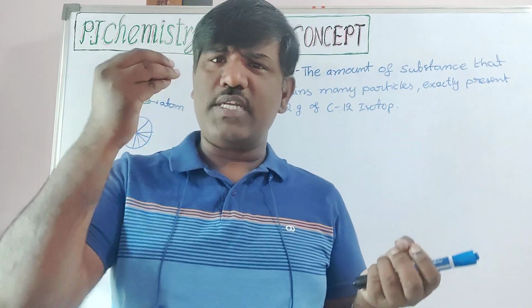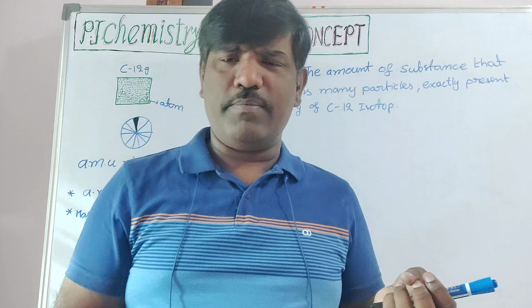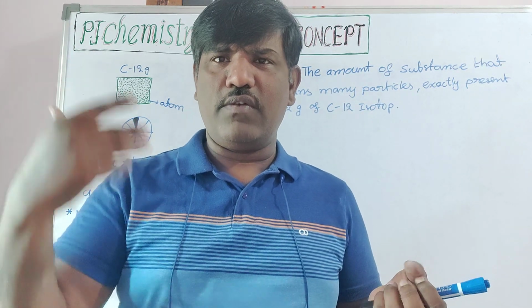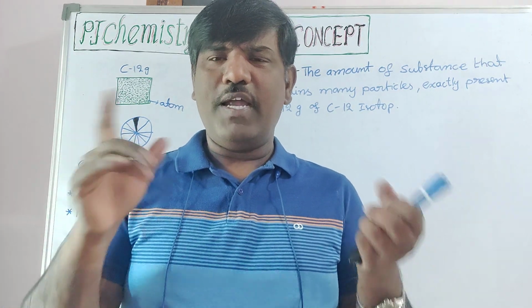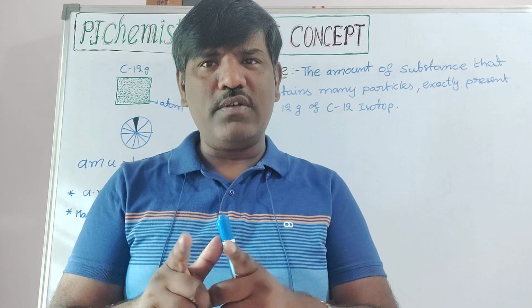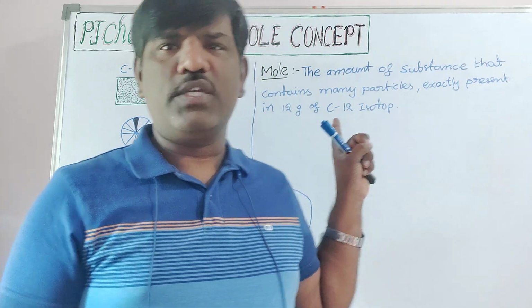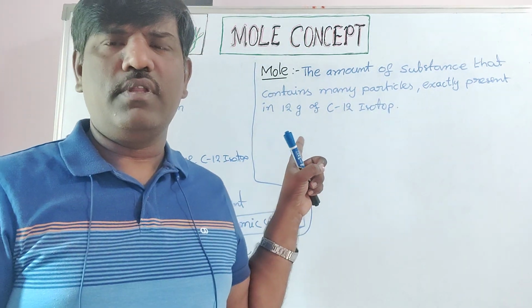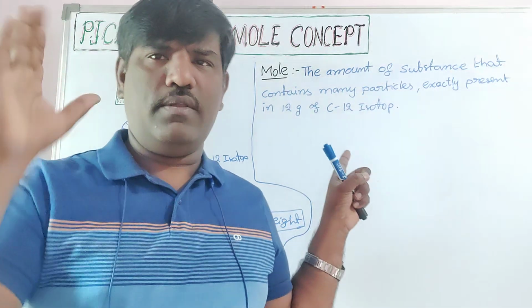Here, the amount of substance that contains many particles, let it be 100 or 2000 or whatever, all of that becomes equal to 12 grams of C12 isotope. That is what we call mole.